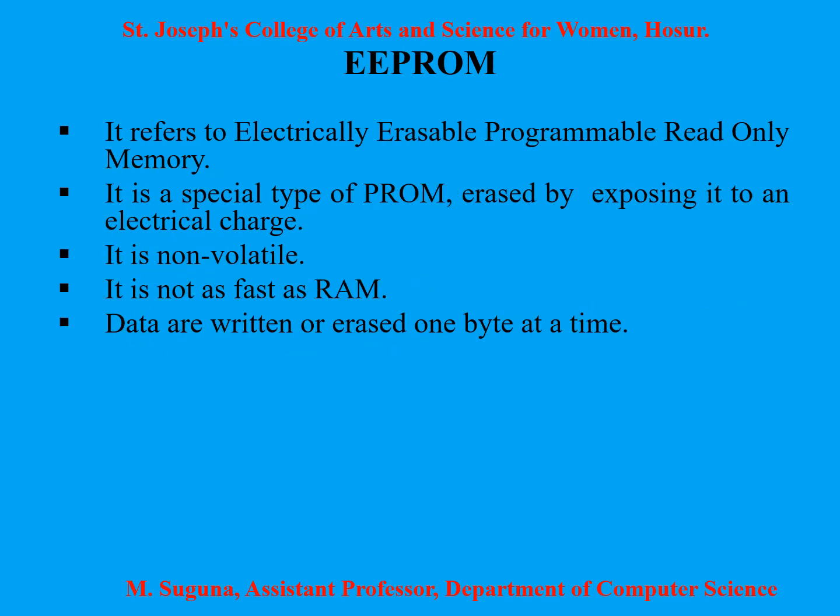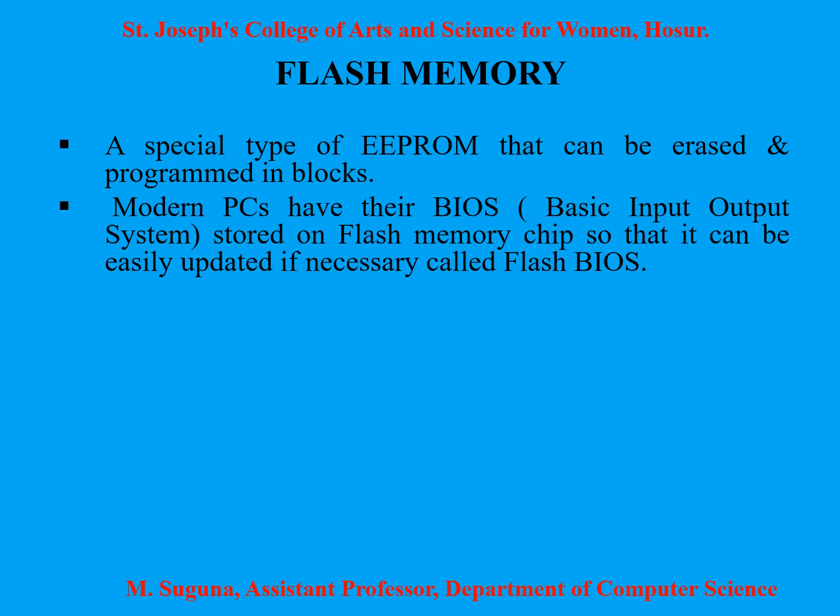The next type of ROM is EEPROM, that is electrically erasable programmable read-only memory. It is a special type of EPROM erased by exposing it to an electrical charge. It is non-volatile. It is not as fast as RAM. Data are written or erased one byte at a time. So at a time, we can erase only one byte of data. Next, coming to the last type of ROM, that is flash memory.